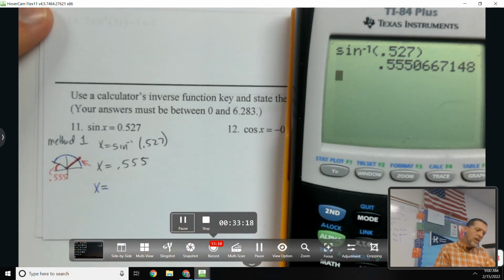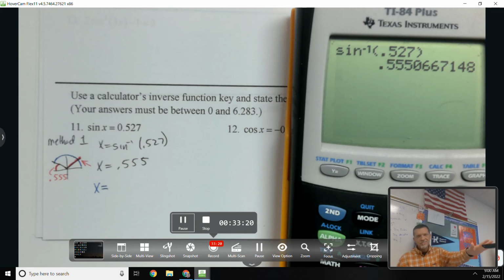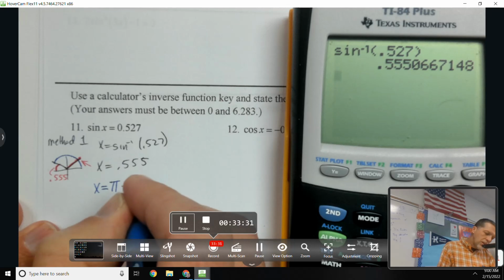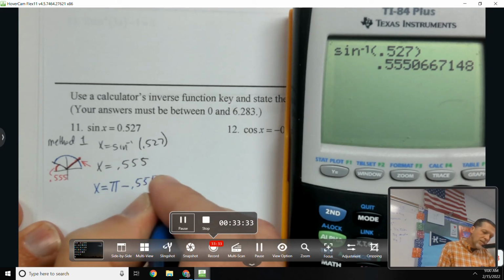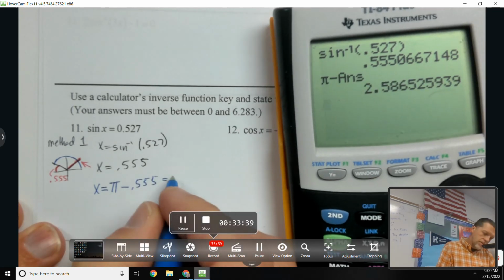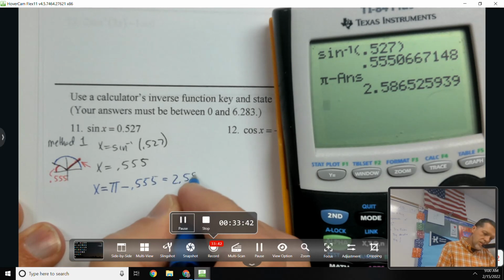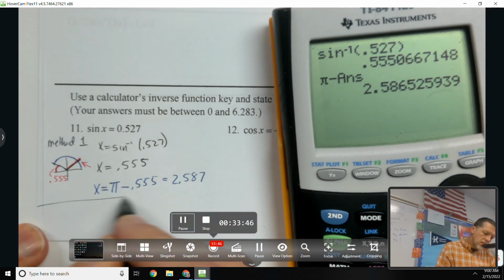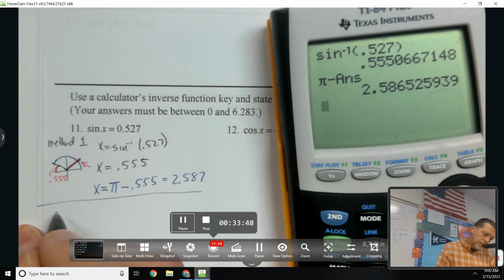Okay, it's 180 degrees. So in radians, that is pi. So all the way is pi, but I'd want to back up 0.555. Oh, because your answer must be between pi and 2 pi. That's 6.283. Correct.